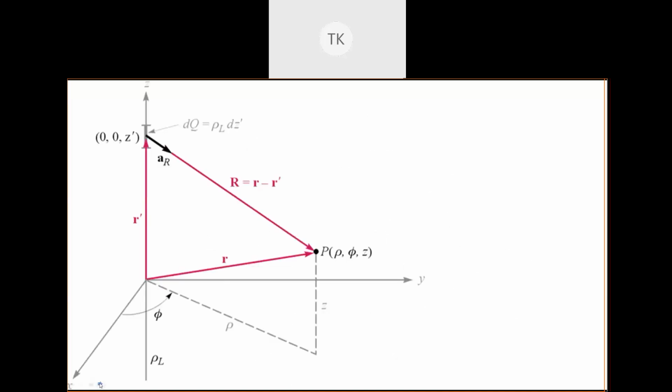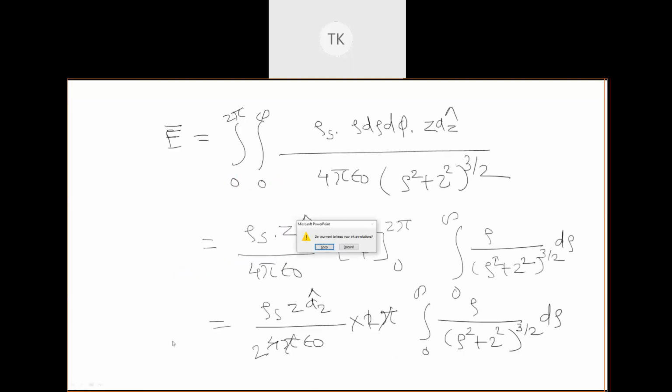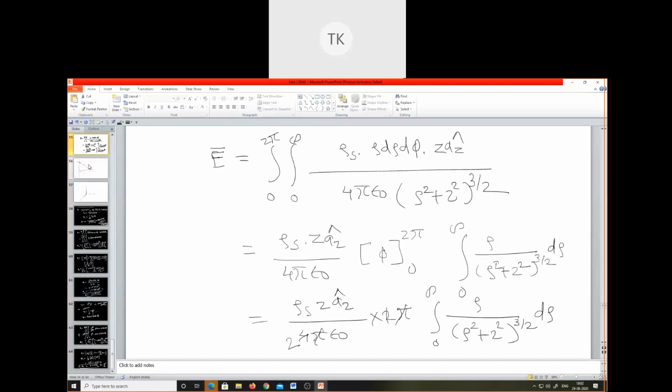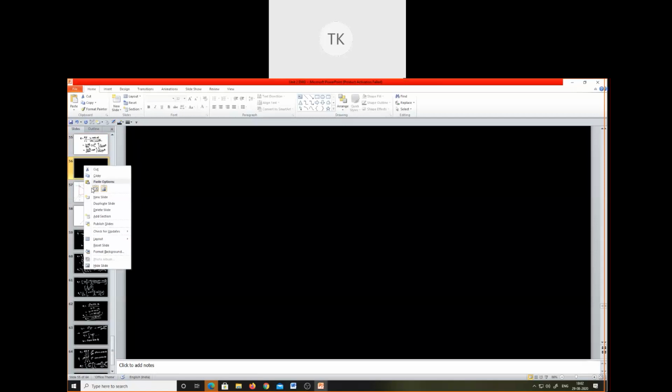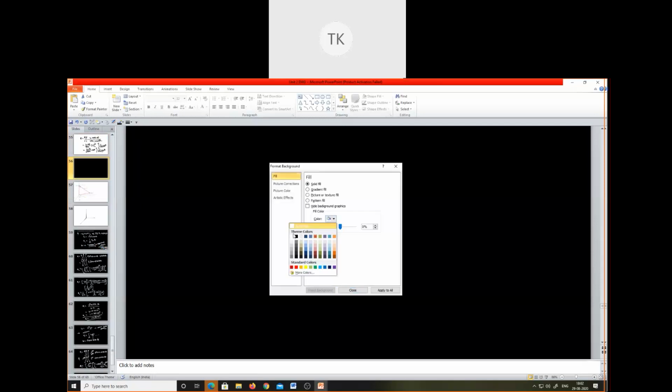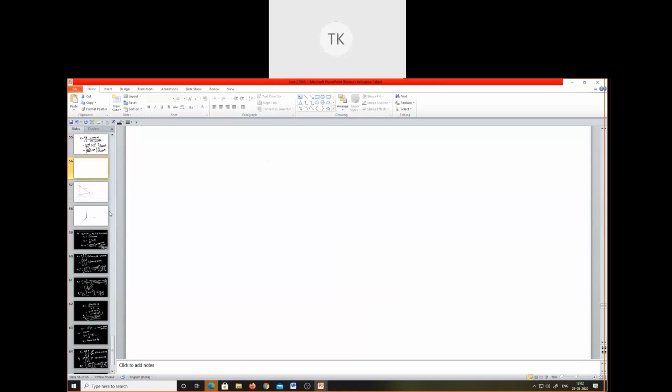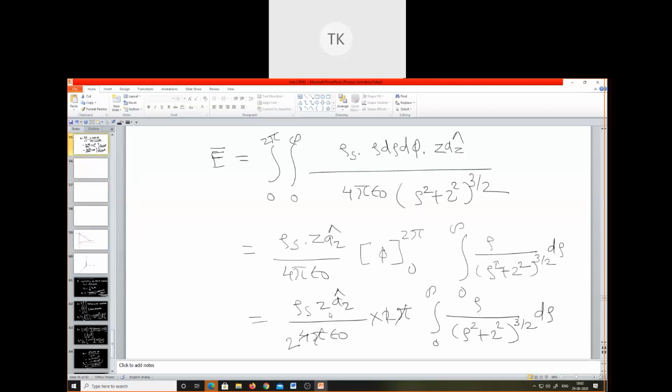I'll change the slide. Let me take a new slide. Okay, what was the last term? That is rho_s z a_z cap divided by 2 epsilon 0, and this integration.